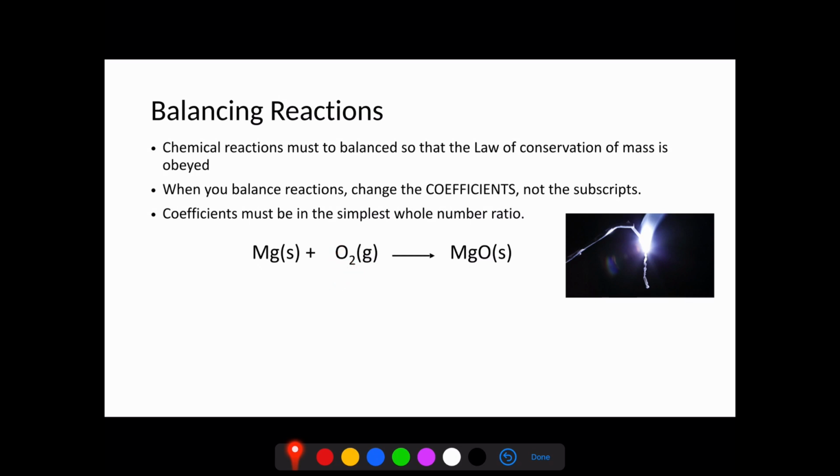And magnesium oxide is MgO because magnesium is in the second group, so it has 2 plus charge. Oxygen is in the sixth group. It's 2 blocks away from the noble gases. That means it likes to accept 2 electrons and become O 2 negative. So the formula for magnesium oxide is just MgO.